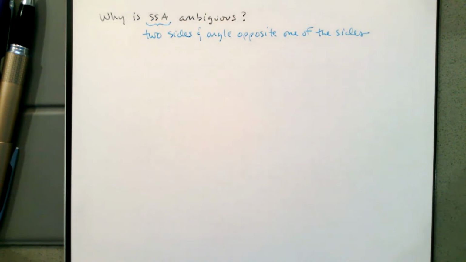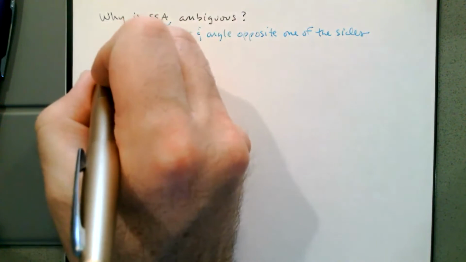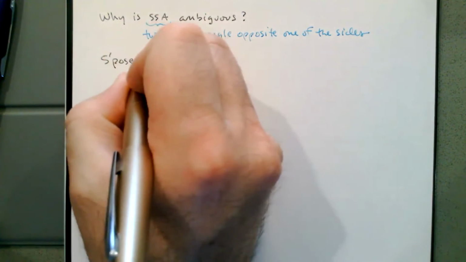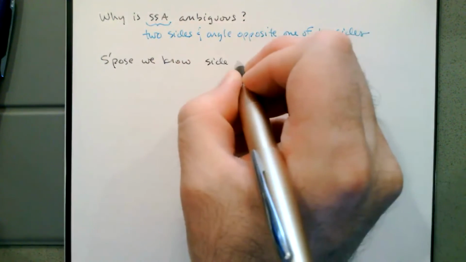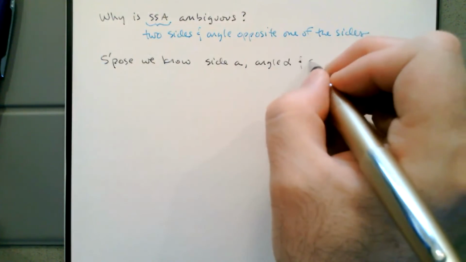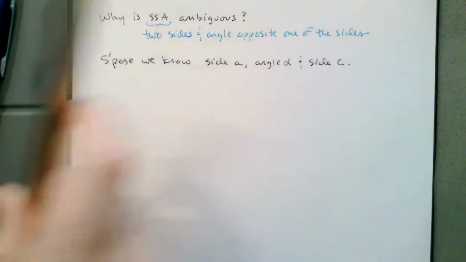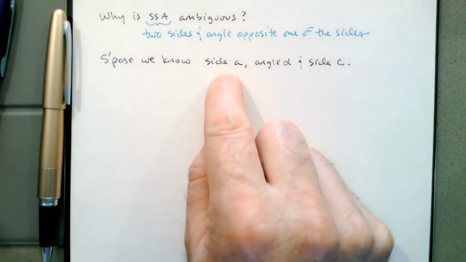So for example, let's suppose that we are given an angle alpha, side C, and side A. So I have two sides and the angle opposite one of the given sides.